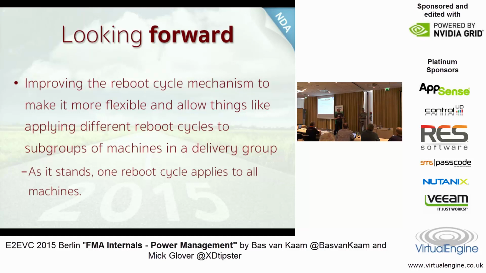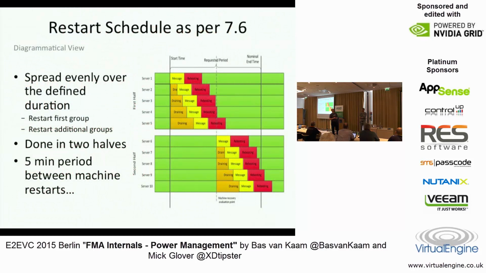That's really one of the only things relevant to what we're talking about today, so we said we would just look at it really quickly. As of today, it's a little bit misleading. I'm sure some of you look at the reboot schedule property inside of a server OS delivery group and see the terms restart first group and restart additional groups, and it's certainly a little bit confusing. It doesn't mean different delivery groups.